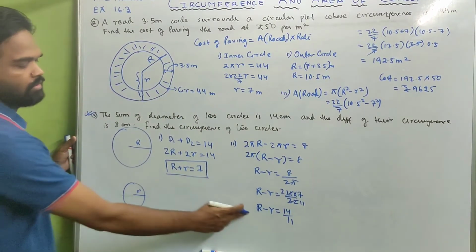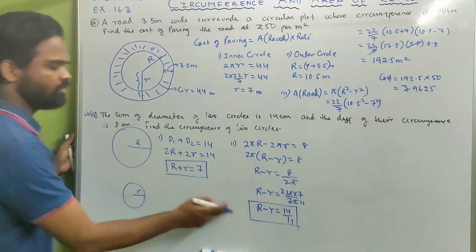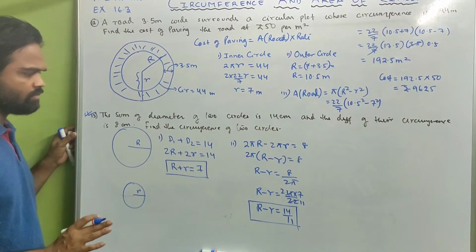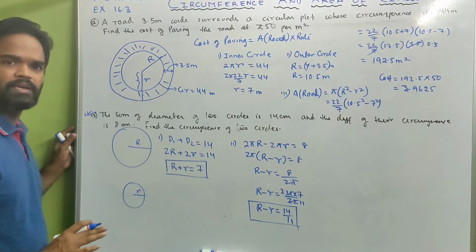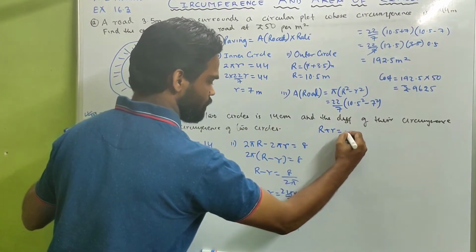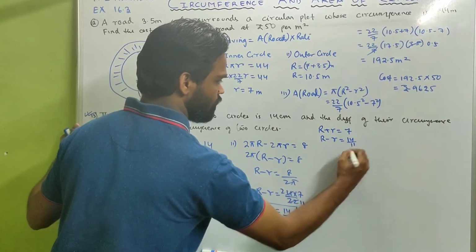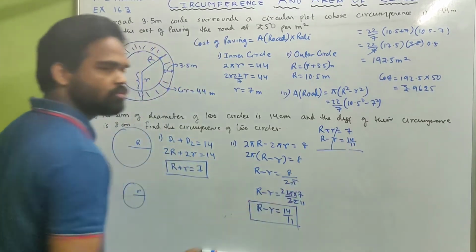So you got two equations, isn't it? Now we just need to solve these two equations. Once you solve it, you can get the circumference. Look over here. R plus r is 7. R minus r is 14 by 11. Just add these two.